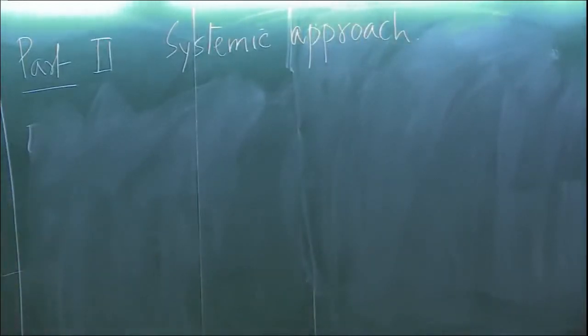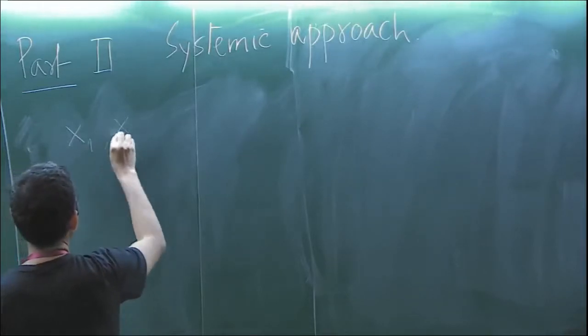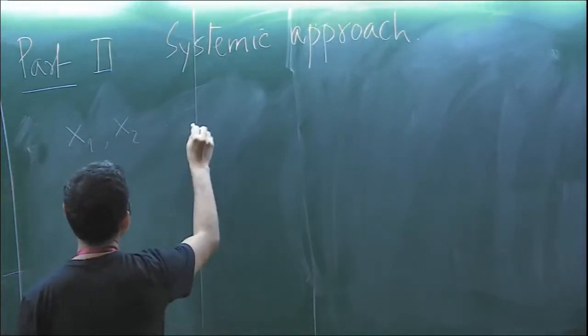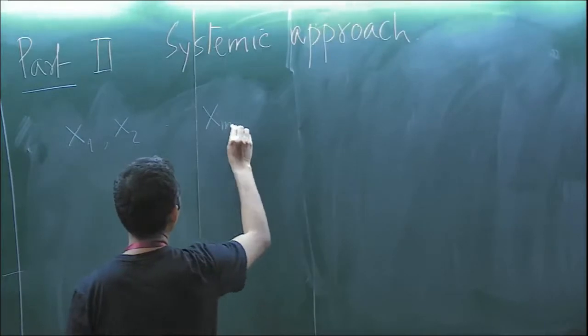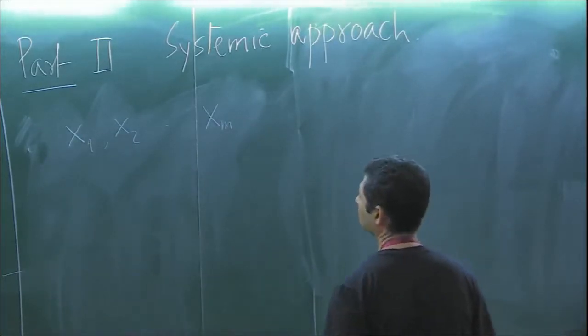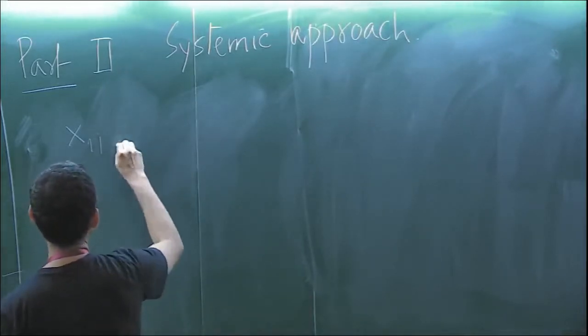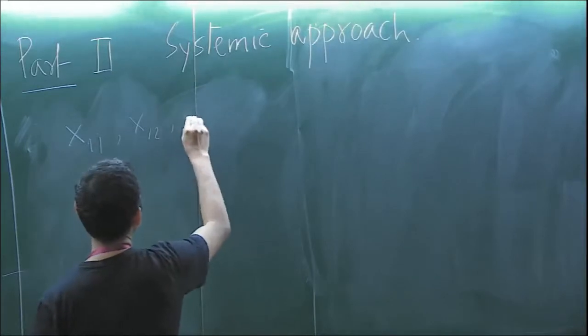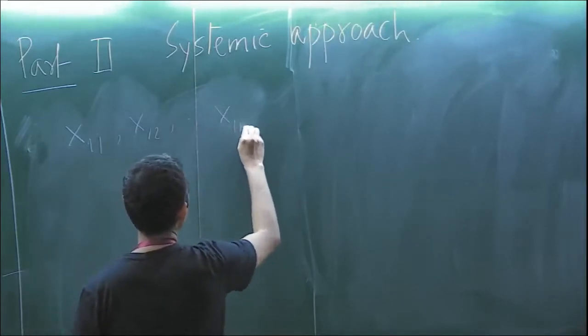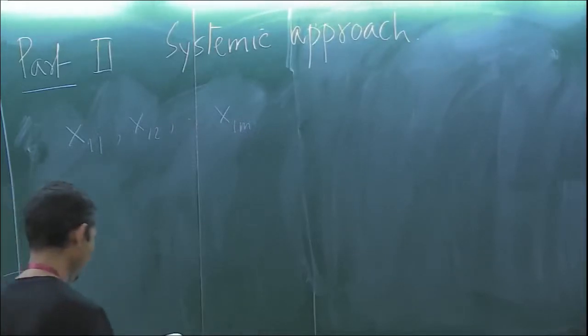Now imagine that you have a very large sample, and you have blocked it into x11, x12, up to x1m.